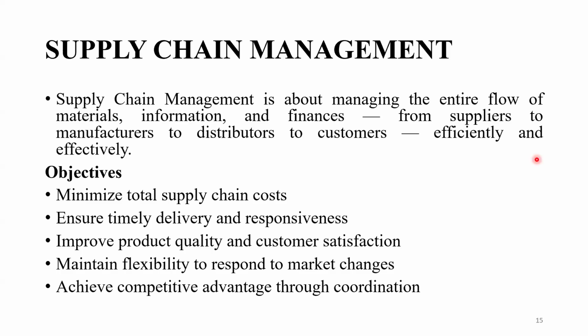It's about making sure that the right product reaches the right customer in the right quantity at the right time with the right cost. Five things to make sure that whatever you manufacture reaches the right customer, which makes your company more quality-driven and profitable as well.